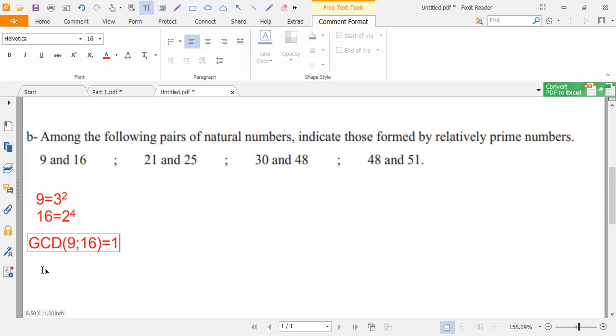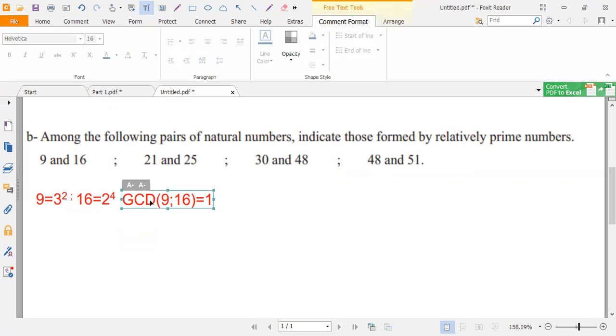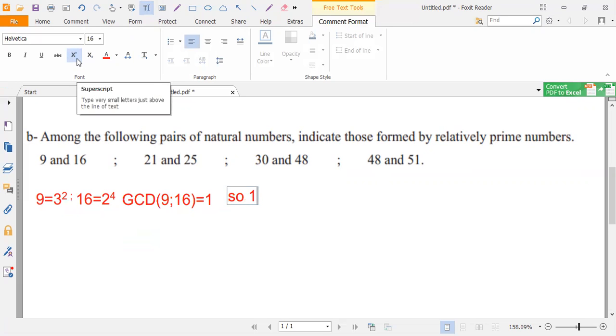So in this case, they are relatively prime. So 16 and 9 are relatively prime.